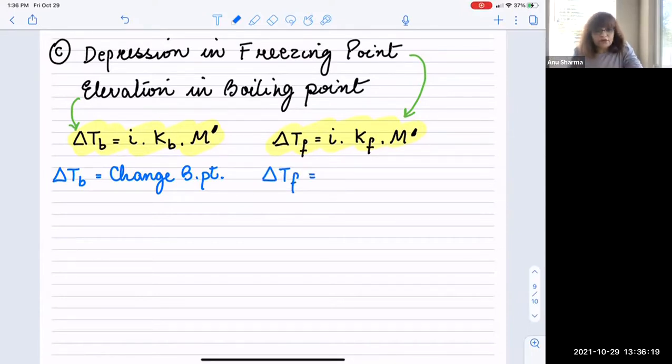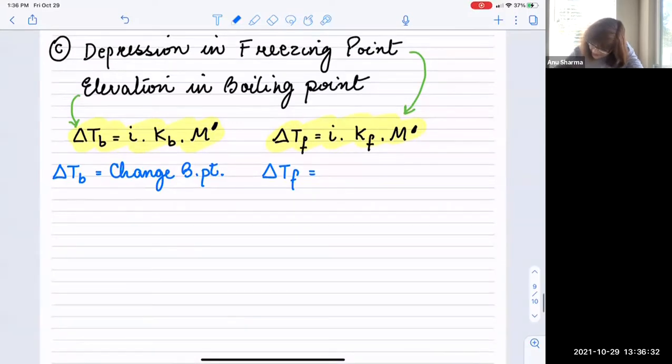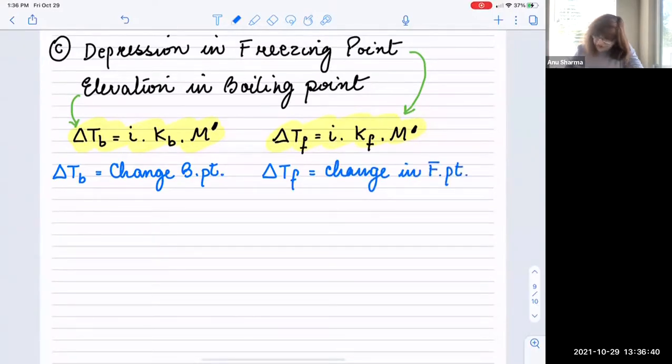Water freezes at 0, but when you add something to it, it's going to freeze lower than 0. It is going to take longer for it to freeze.